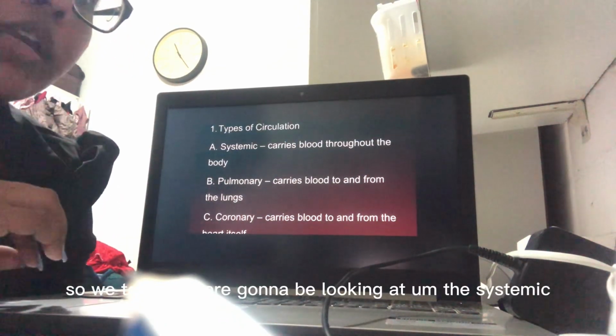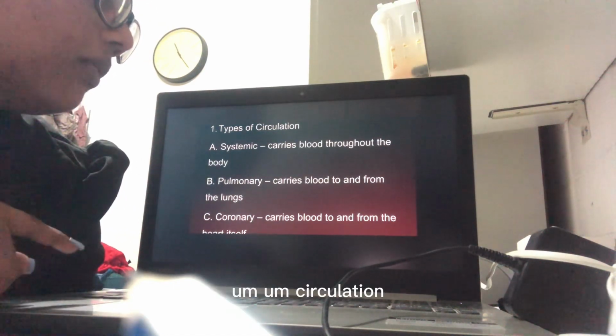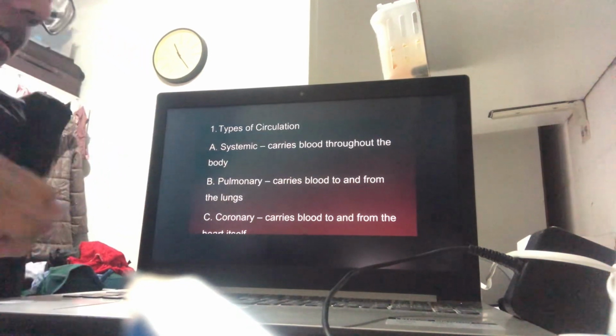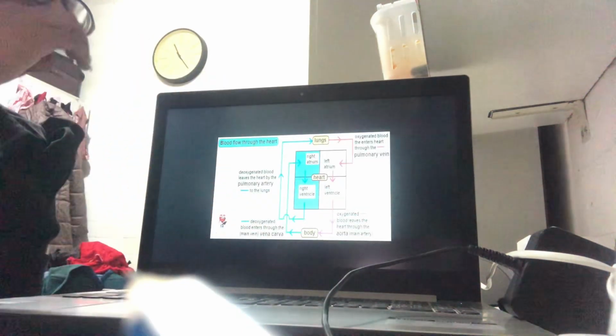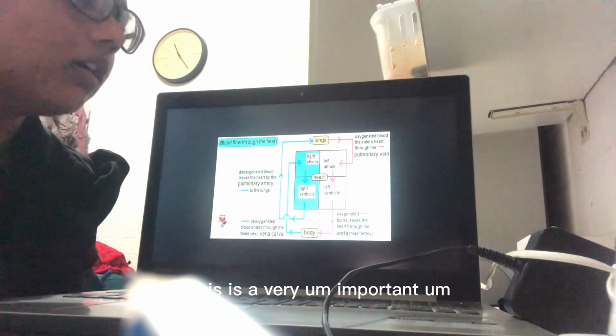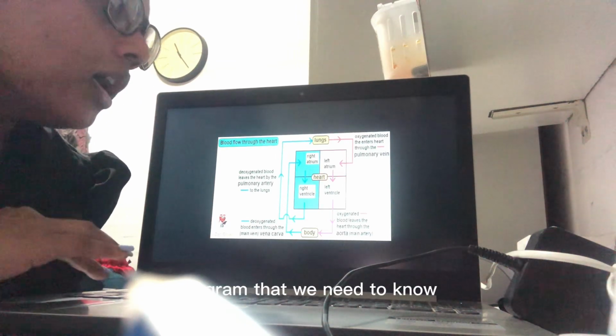So today we are going to be looking at the systemic circulation. This is a very important diagram that we need to know.